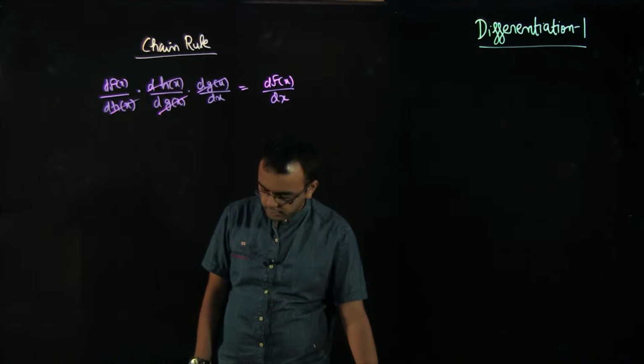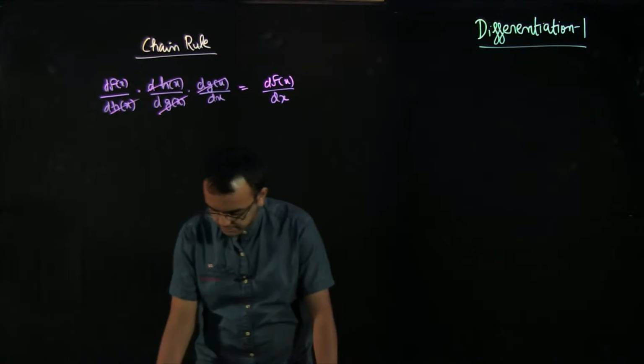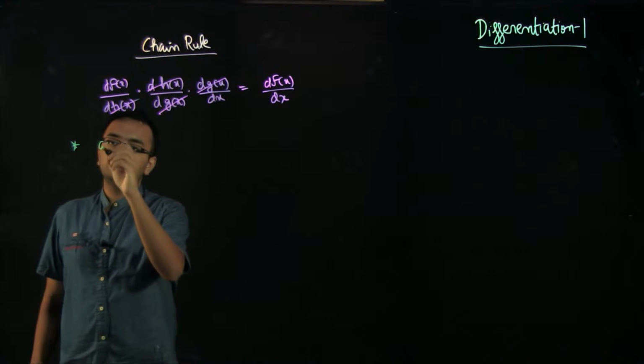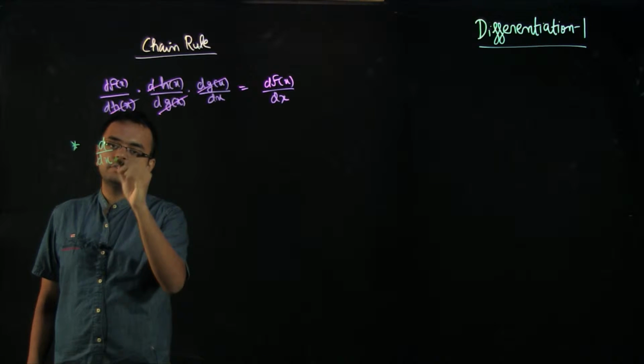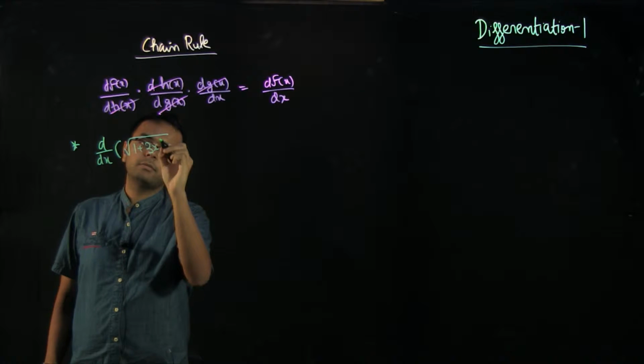Okay, let us look at a formal example and then we will be able to understand what we mean by that. Let us take example number 1. The question asks us to find d by dx of the square root of 1 plus 3x raised to the power of 4.